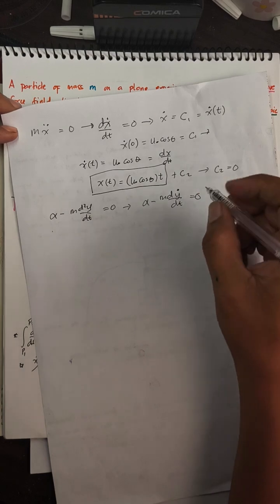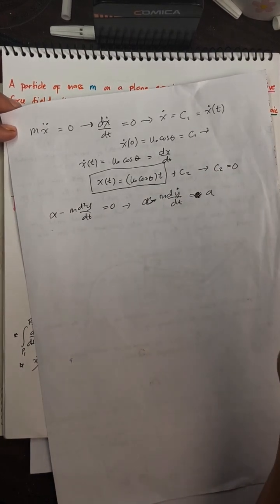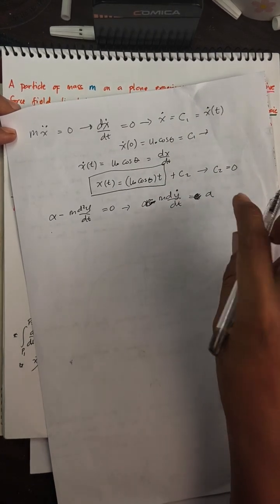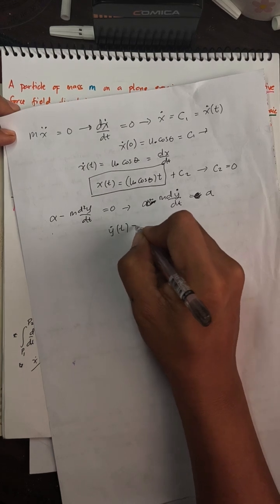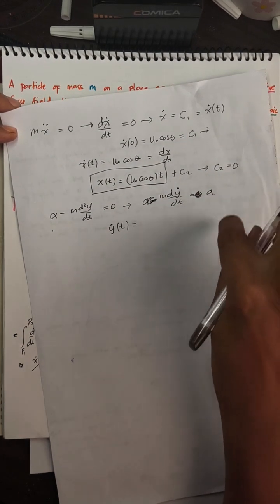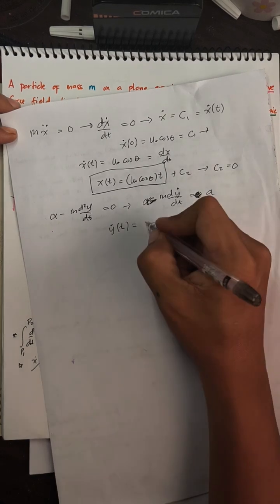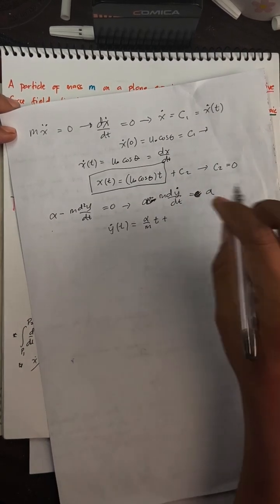We have alpha. When we integrate this, we see that our y dot of t is equal to the integral of alpha over m dt. So that will become alpha over m t plus a constant.